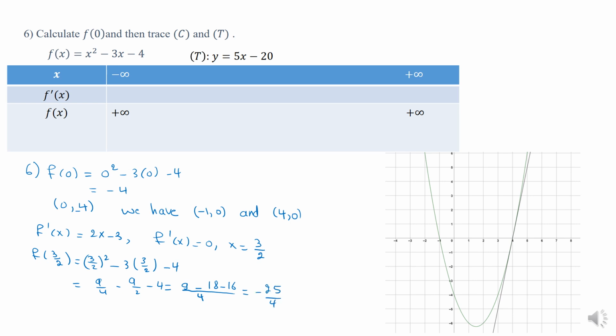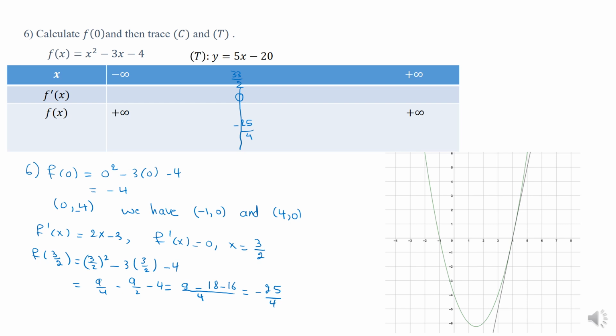Now, when x is negative infinity, f of x is positive infinity, it has a parabolic branch parallel to the y-axis. Also, when x is plus infinity, f of x is plus infinity, it has a parabolic branch parallel to the y-axis. At x equals 3 over 2, we have f prime of x equal to 0 and f of x negative 25 over 4.